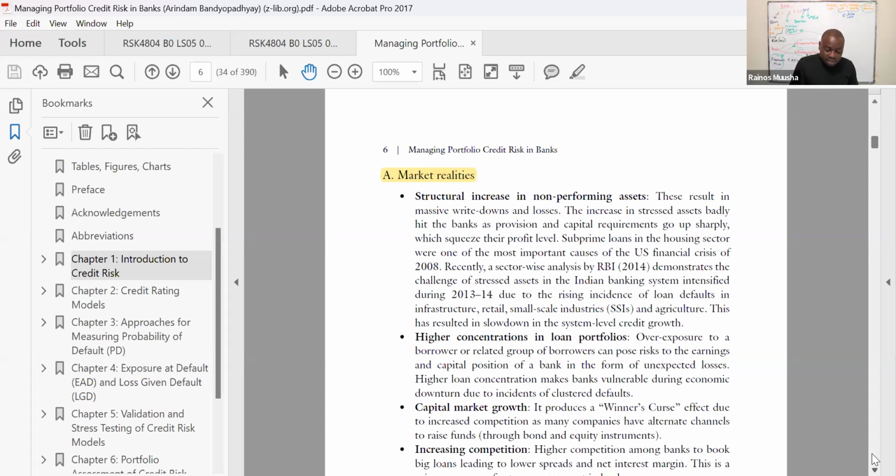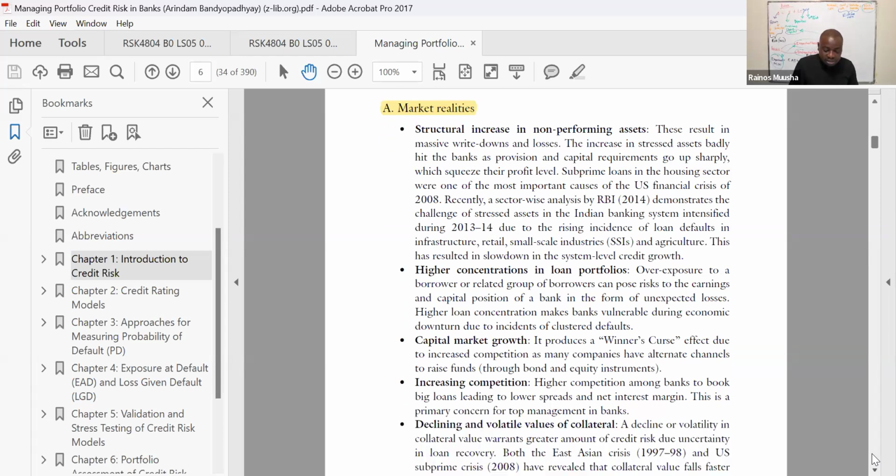Recently, a sector-wide analysis by RBI in 2014 demonstrates the challenge of stressed assets in the Indian banking system intensified during 2013 and 2014 due to the rising incidence of loan defaults in infrastructure, retail, small-scale industries, and agriculture. So this has resulted in slowdown in the system level credit growth.